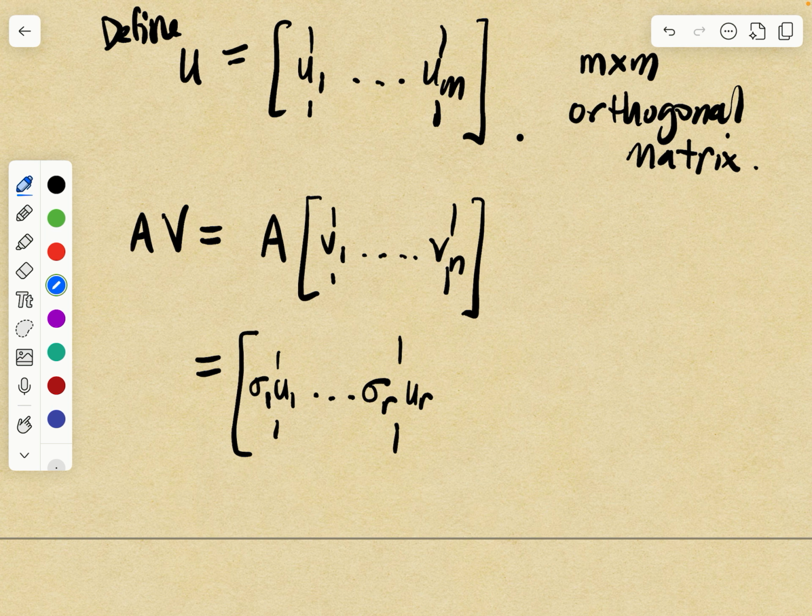And VR plus 1 to Vn are vectors in the null space of A. And so that's why you get 0 for the rest.